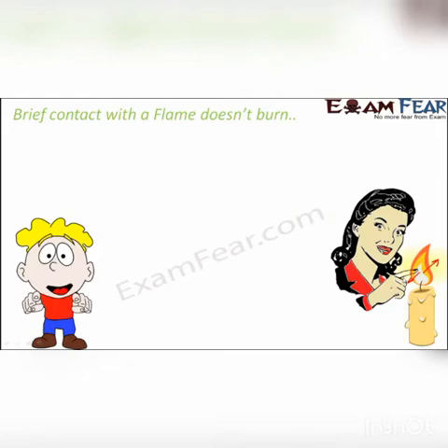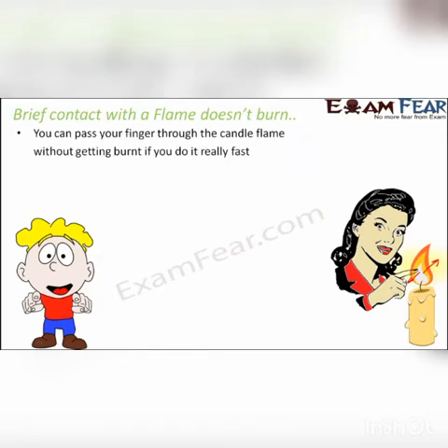So that's one thing. However, when somebody does that, it becomes quite fascinating and impressive to see that the person is passing his finger through a flame and doesn't get burned. The main trick behind this is that it needs to be done really fast. If somebody is trying to do it a little slowly, the finger will get burnt because of the exposure to the outer hot layer.